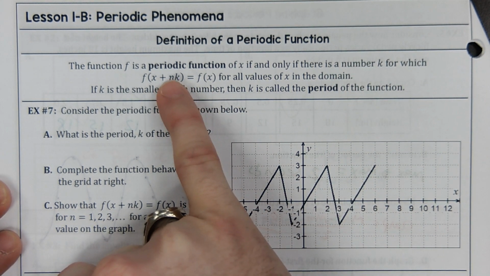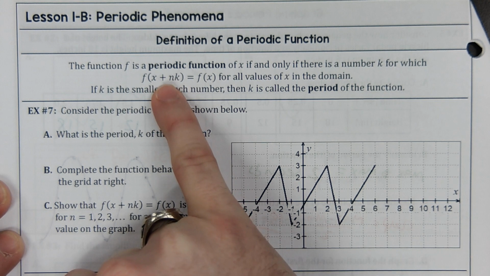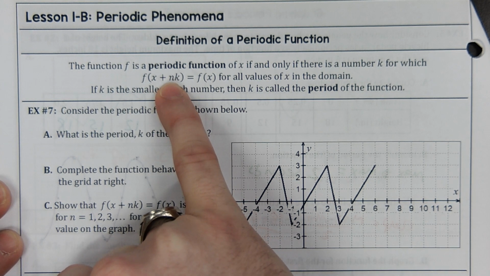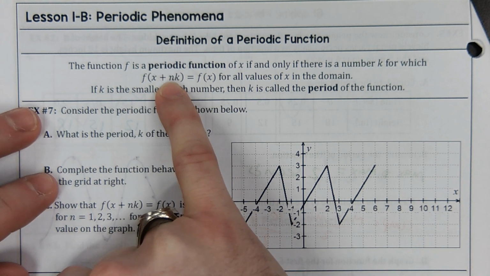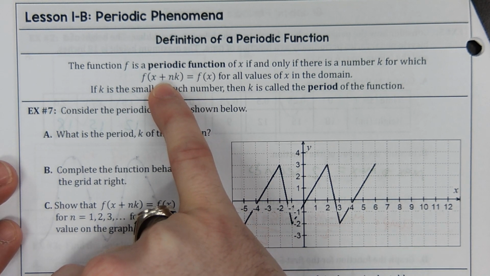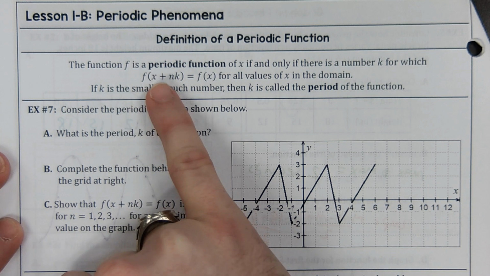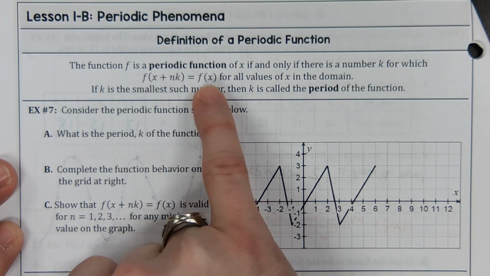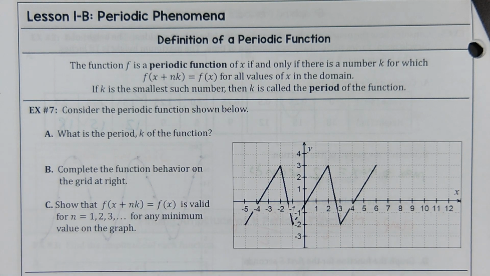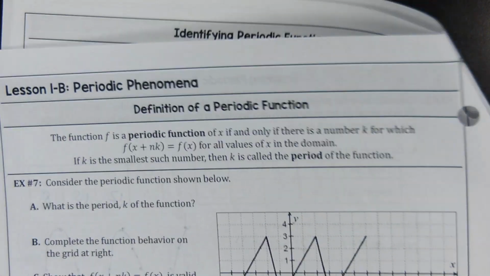If you do addition and subtraction inside the argument of a function, what kind of transformation is that? Horizontal shifting of some sort, not dilations or multiplications. So this is a horizontal shift of some sort. Basically what this says is, if you can get away with a horizontal shift and look like you did nothing, then it's periodic. That's what that says.